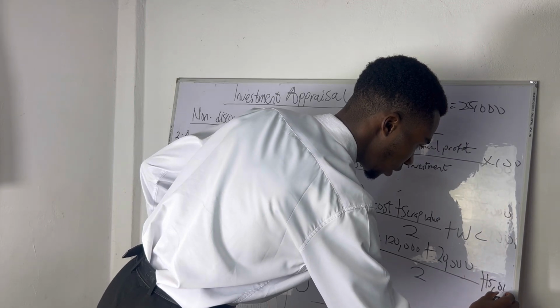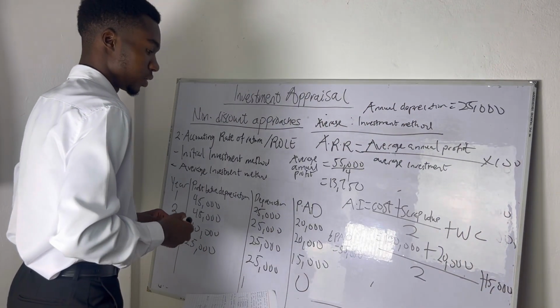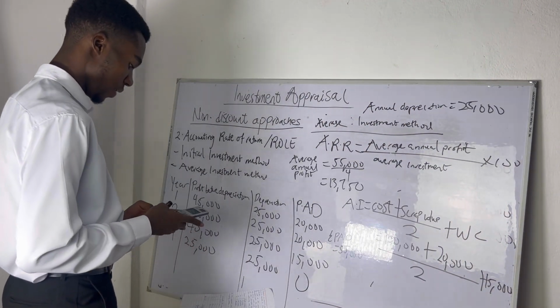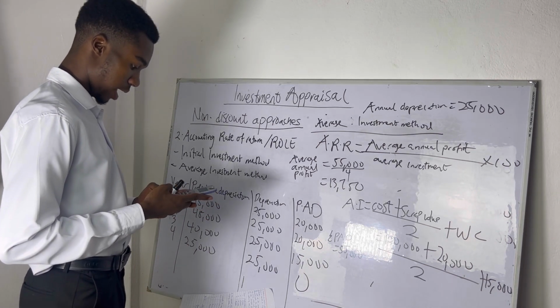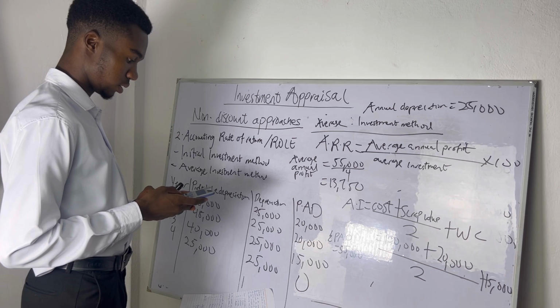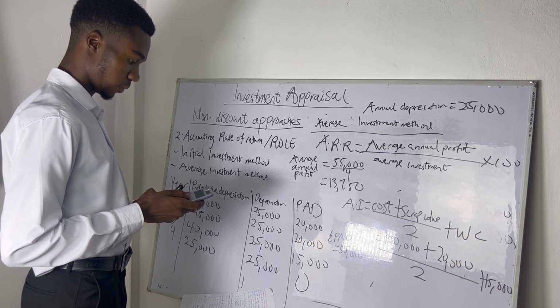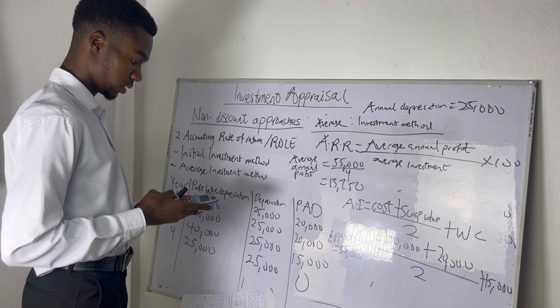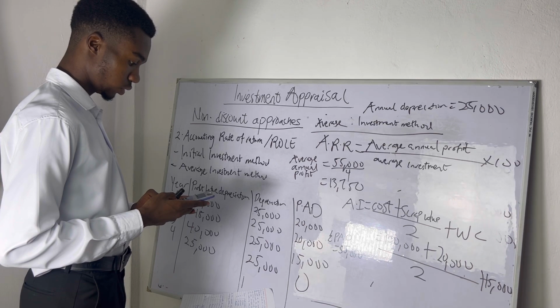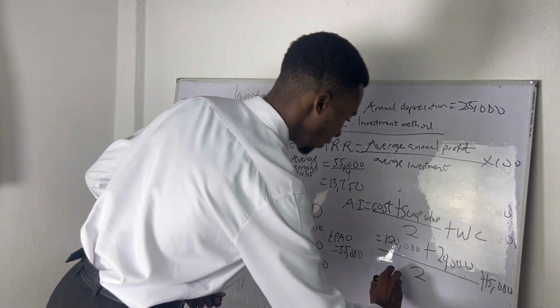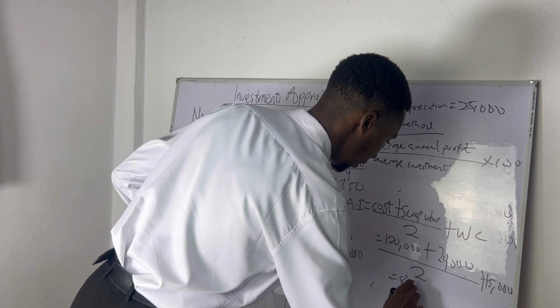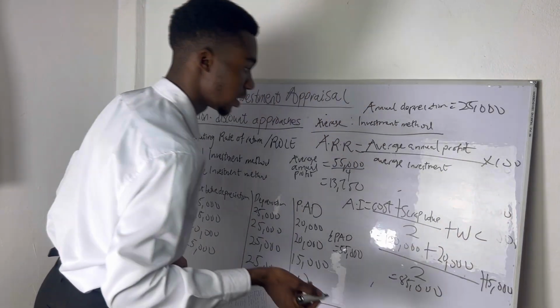So now let's calculate it and see. We have 120,000 cedis plus 20,000 cedis over 2, plus 15,000. So we have 85,000. So our average investment is 85,000 cedis.